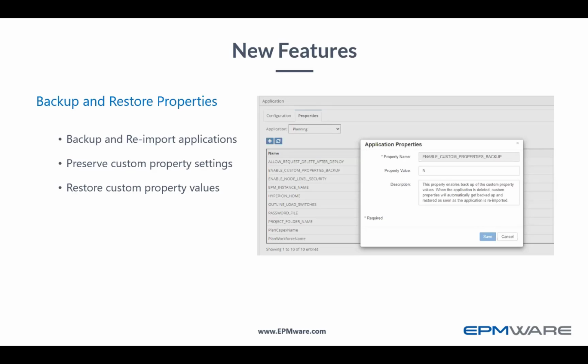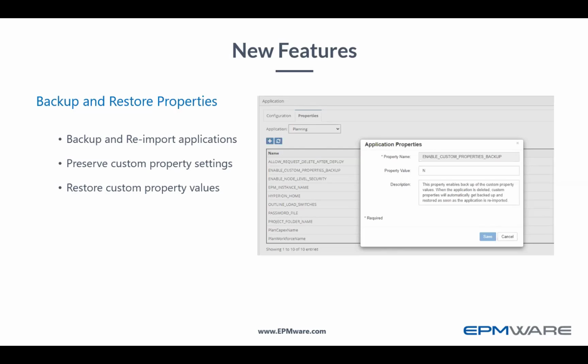Okay, the next feature we added was backup and restore properties. So basically what this allows the administrator to do is, say, for example, even in development, you're working on the application, you have a lot of configurations done where you've set custom property settings and custom values, but you've done a lot of testing and you just want to wipe out everything else in the app, all the metadata, and just bring in a fresh copy of the metadata from the target application.